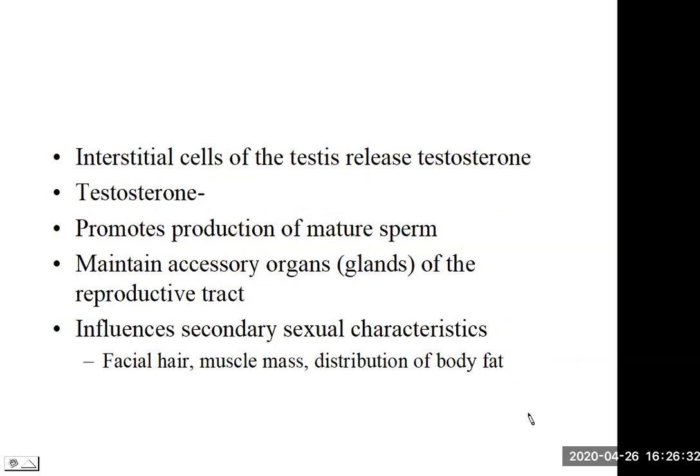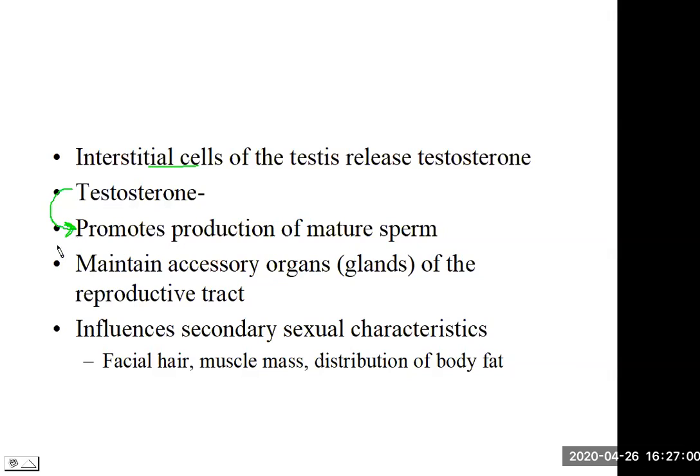So this final slide, and then we'll move to a diagram to explain all of this. We just pointed out the interstitial cells are producing testosterone. Testosterone, as we just mentioned, of course, stimulates increased levels of sperm production. So at puberty, especially when testosterone levels rise, this will start the process of spermiogenesis and spermatogenesis.